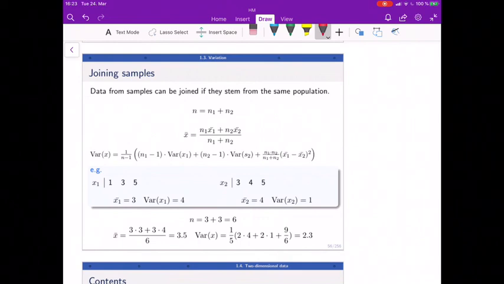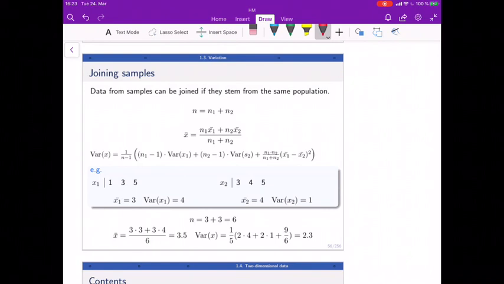Just a little note, because some of you might in the future be working on actual data, whatever your job is going to be. Sometimes you're working on papers of other people and they report numbers, they report variances maybe, or you have a collaborator and he doesn't want to send you all the raw data. So how can you join samples if you just know variances and calculate a joint variance?